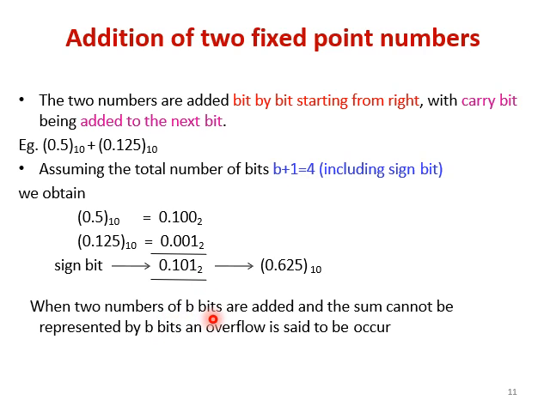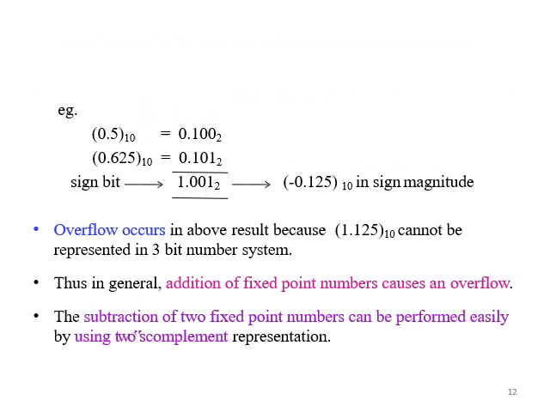When two numbers of b bits are added and the sum cannot be represented by b bits, an overflow is said to occur. For example, for 0.5 and 0.625, when I represent the sum in terms of the sign bit, here it is minus 0.125.